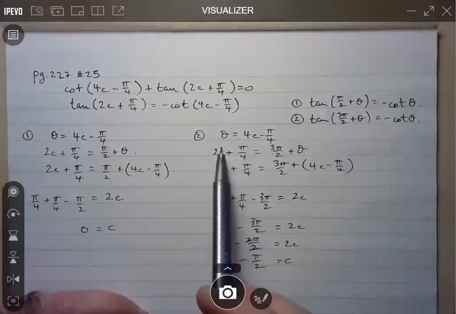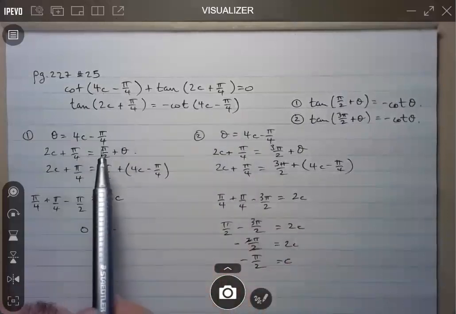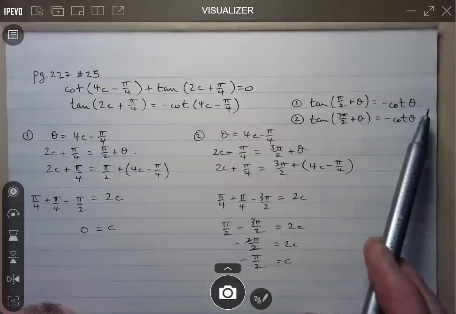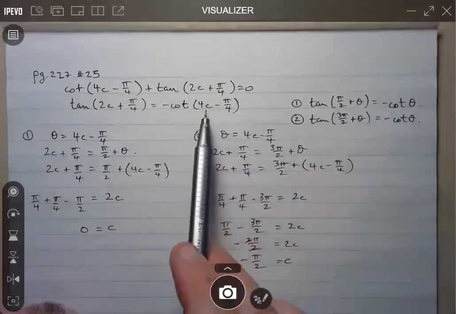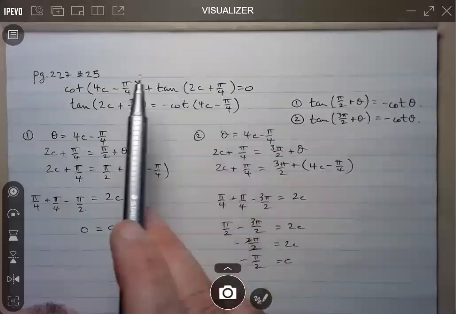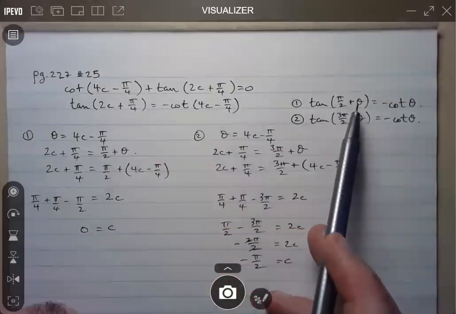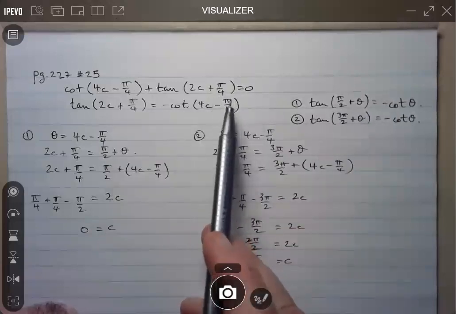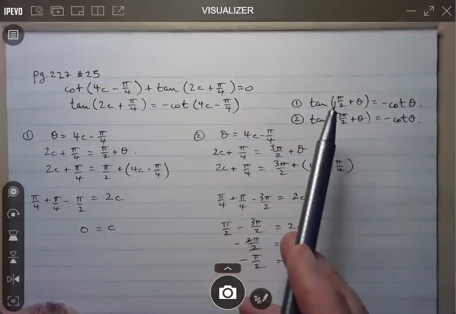Perfect. So here, I want to find out when these two sides are going to be equal. This is an identity, so it's true all the time. I just happen to pick theta to be 4c minus pi over 4. So if the input to tangent is pi over 2 plus that input, then these two sides must be equal, and I get that from the identity.